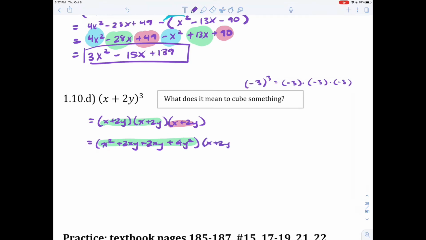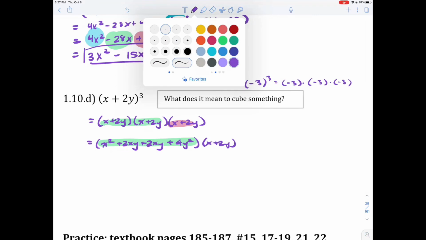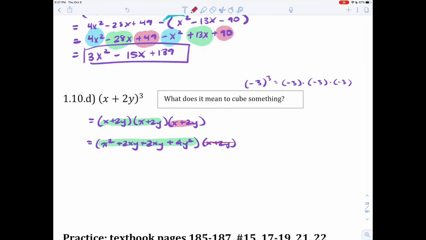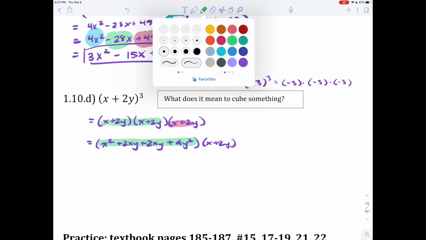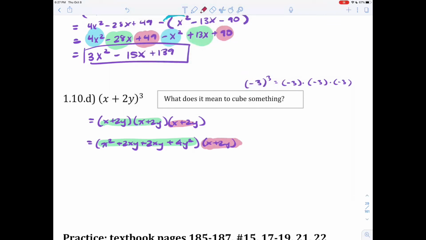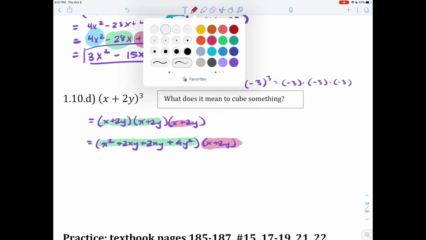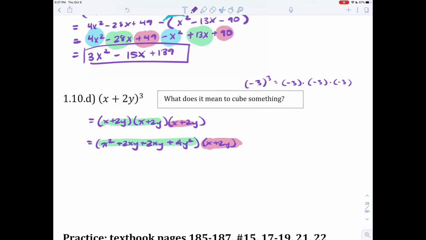And again, that last factor I just left on its own, so that stayed the same. I can take a moment to collect like terms in that first set, which makes my life just a bit easier. So x squared plus 4xy plus 4y squared.